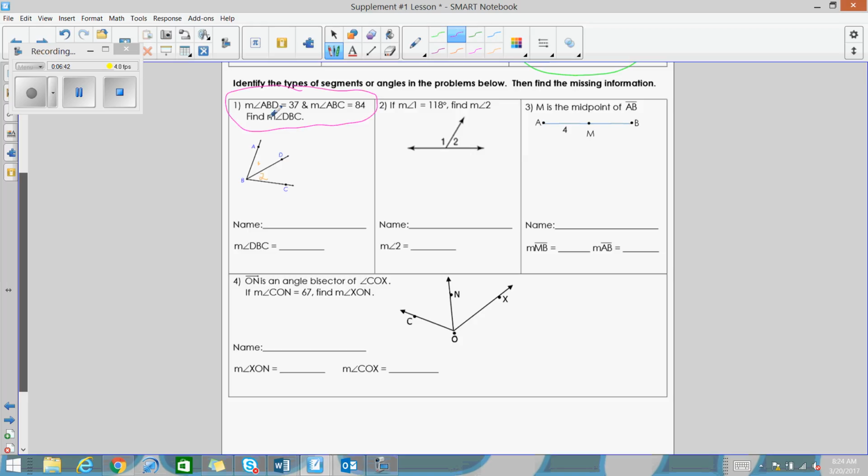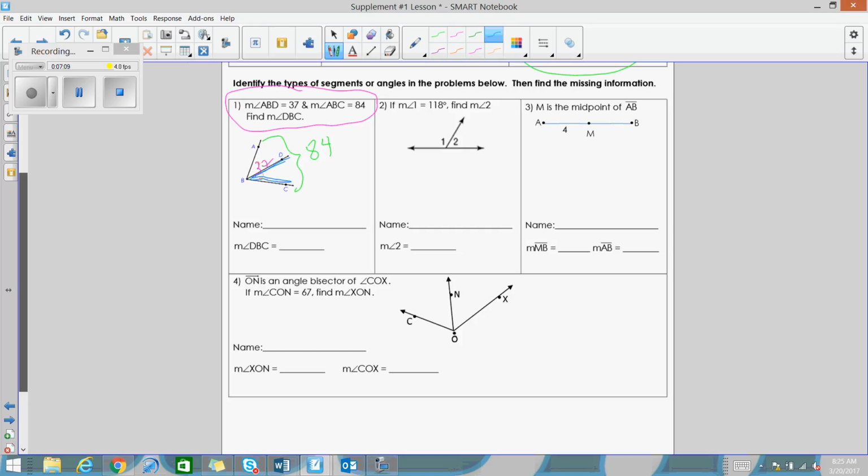Angle ABD is 37, so I'm going to put a 37 in there. And then angle ABC is 84. Now ABC is the entire angle, and that's 84. It's asking what's the measure of angle DBC. DBC is this angle right here.